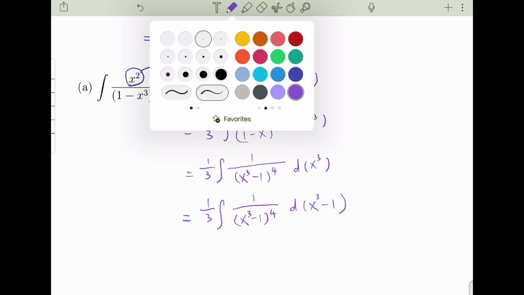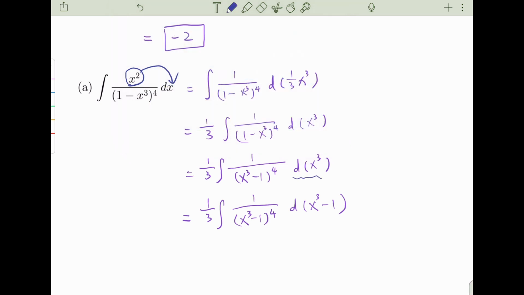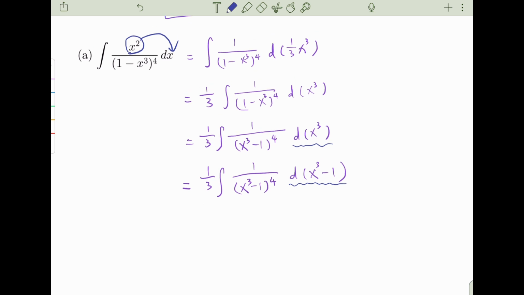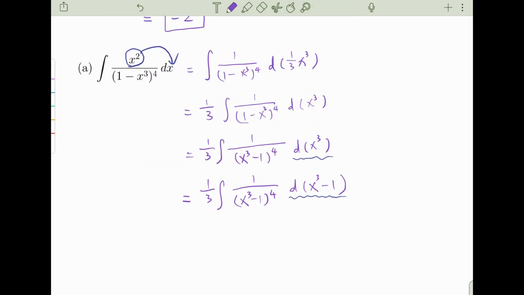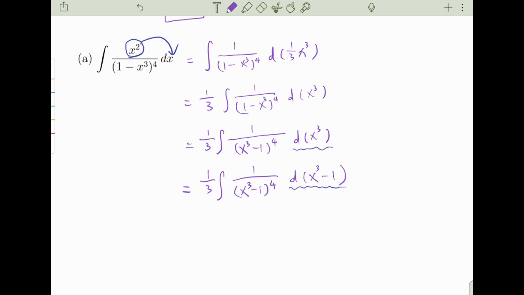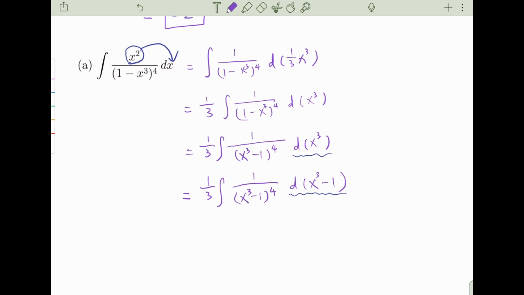Because the derivative of x cubed is the same as the derivative of x cubed minus 1. Now I have the expression in my differential sign, same as the expression in the denominator, which is easy to manipulate. So now I can let u equal to x cubed minus 1, right?